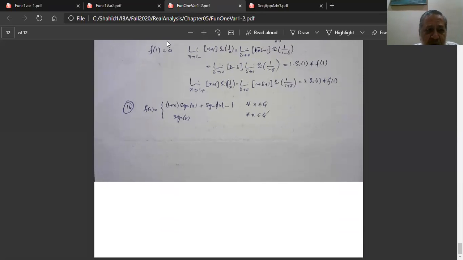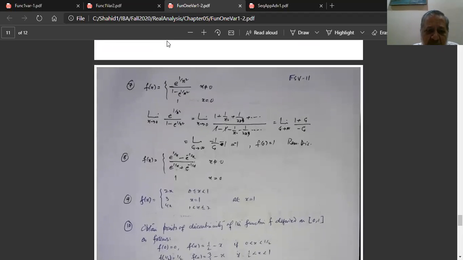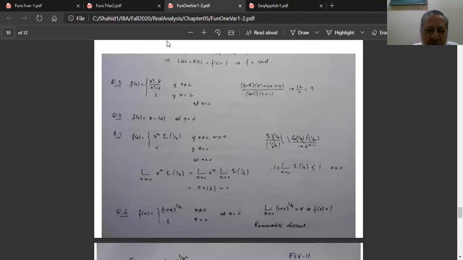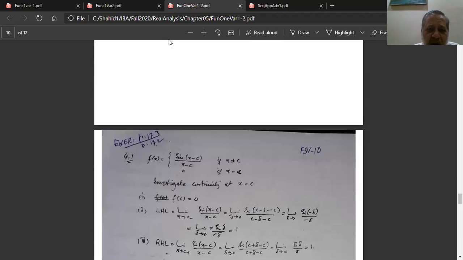Let me go to कौन सी वाली एक्सरसाइज है? ओके, लिमिट एंड कंटिन्यूटी की एक्सरसाइज है ये. What is this? This is what I was discussing. Sequence approach.